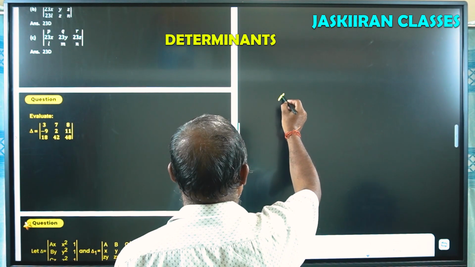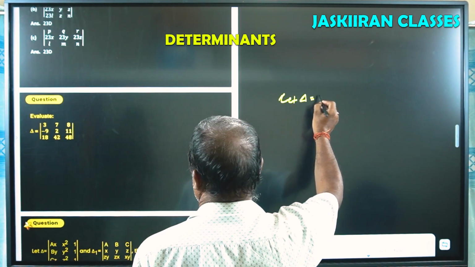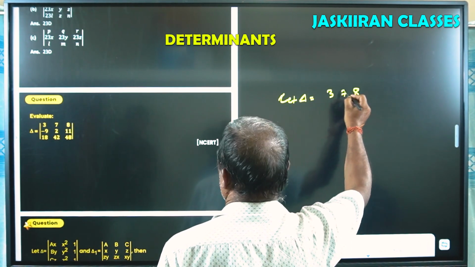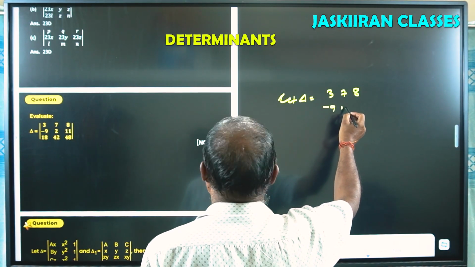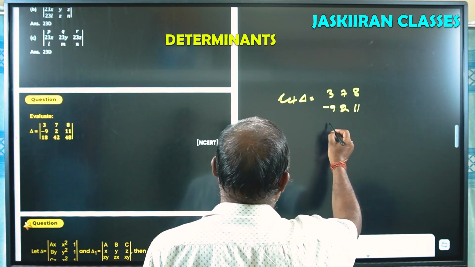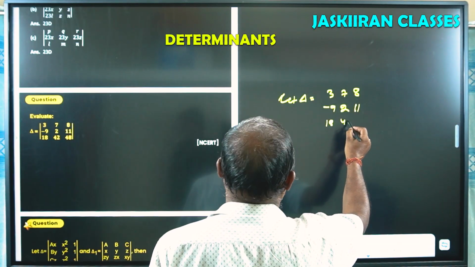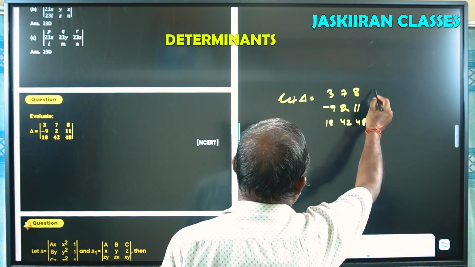Del equal to 3 7 8, minus 9 4 11, 18 42 48.